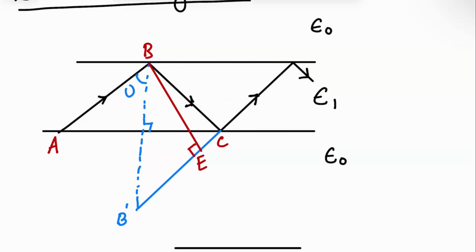So let's say I'm coming in at an angle theta I, then of course this angle is also theta I. And I'll draw another wavefront, which is the wavefront at the point C. So this is my wavefront at point C. Call this D. So this is also perpendicular. Now, keep in mind that the wavefront at point B, which corresponds to this one, and the wavefront at point C belong to the same plane wave, which corresponds to this one.